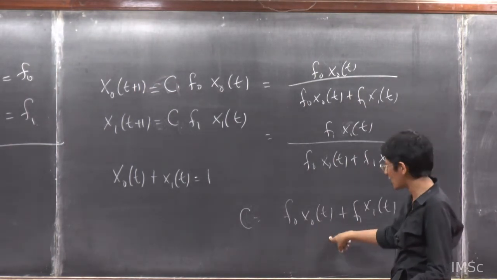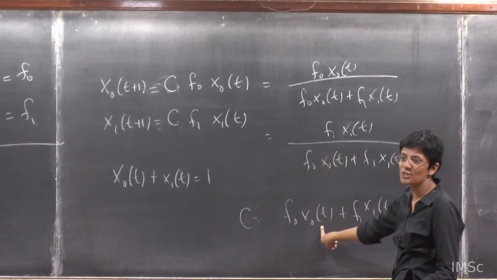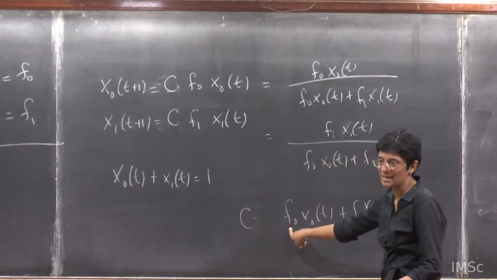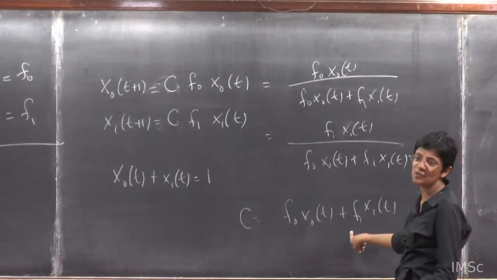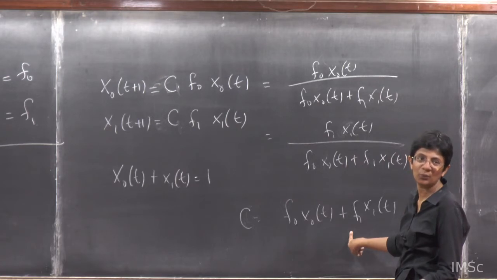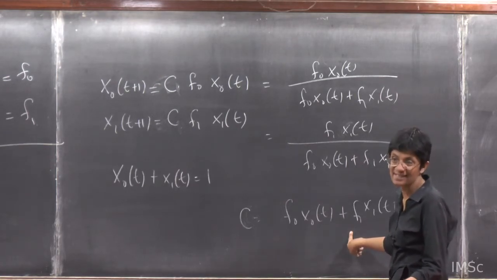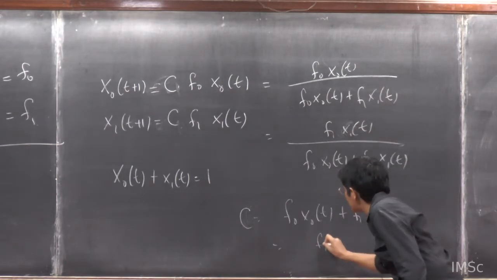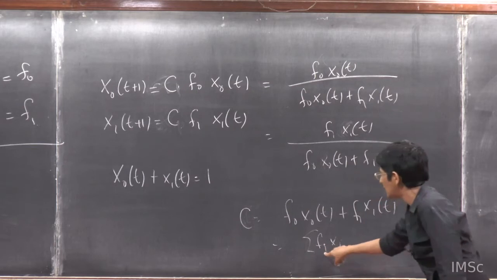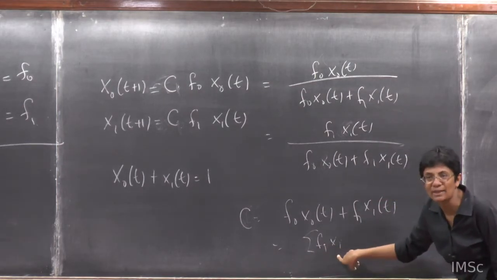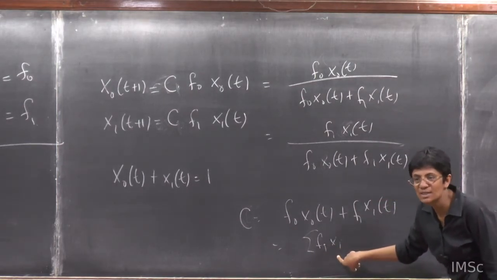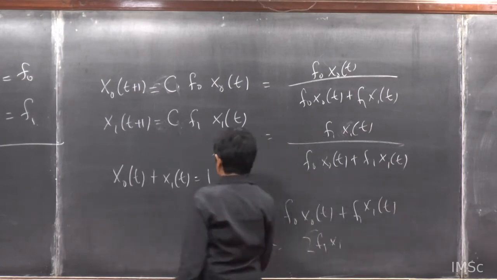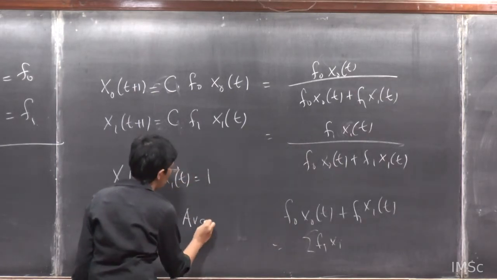F naught into x naught, probability of 0 type times its fitness, plus probability of the 1 type times its fitness, is equal to the average fitness. This is the average, right? Summation of fi xi, object and its probability. So this is nothing but the average fitness of the population.